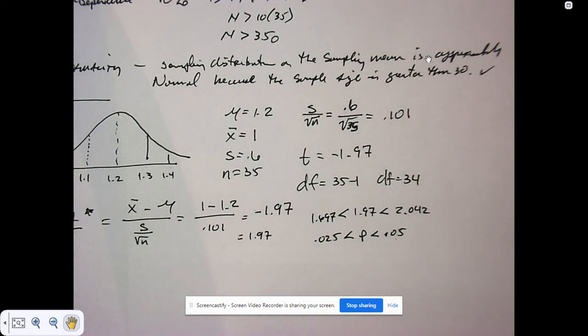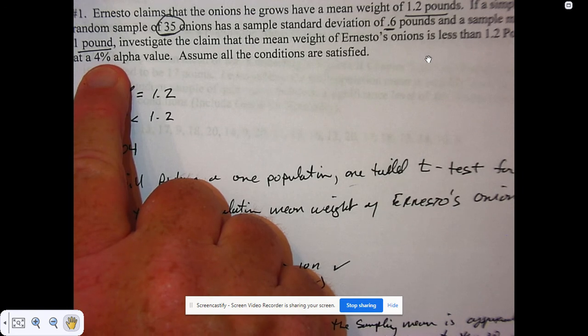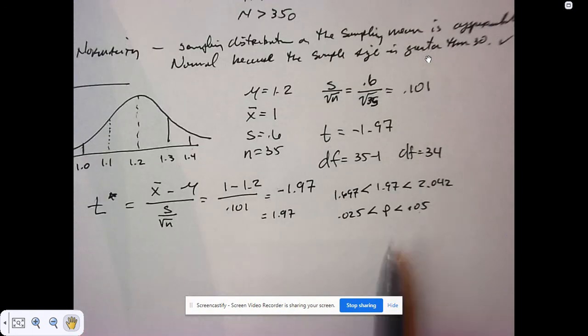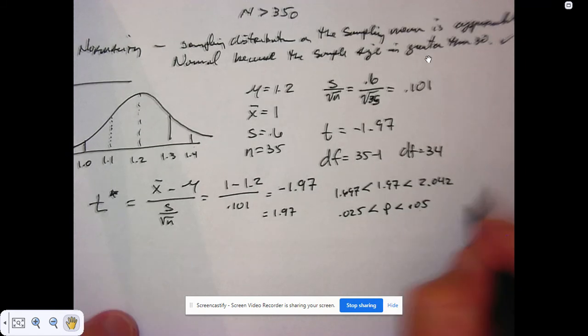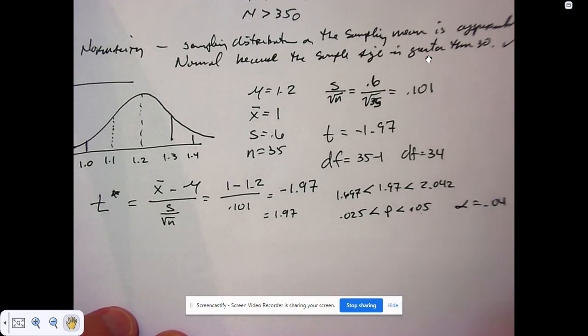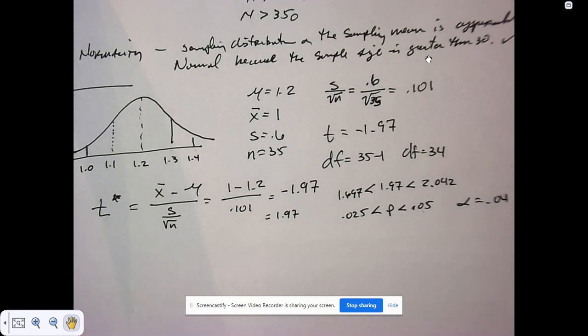So if I was to make a decision on this, my alpha value is 0.04. If my p-value is somewhere between these two, and my alpha value is 0.04, I don't know if p is either greater than or less than 0.04.